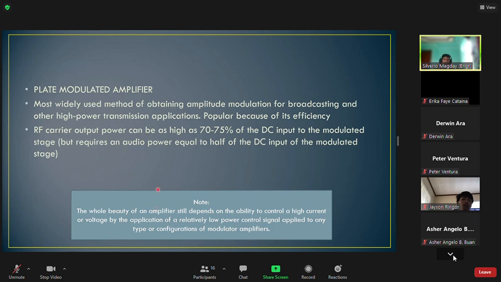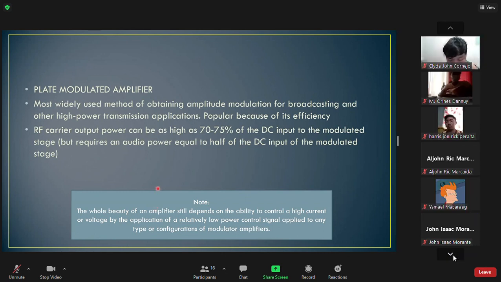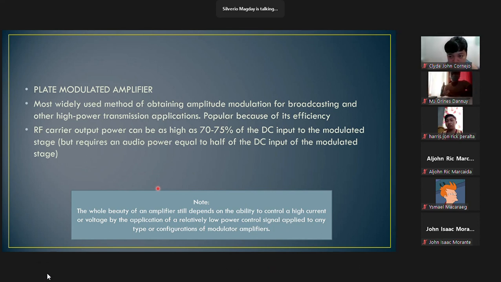So the whole beauty ng isang amplifier depends on the ability to control a high current or voltage by the application of a relatively low power control signal, applied to any of the configurations ng mga modulator amplifiers.